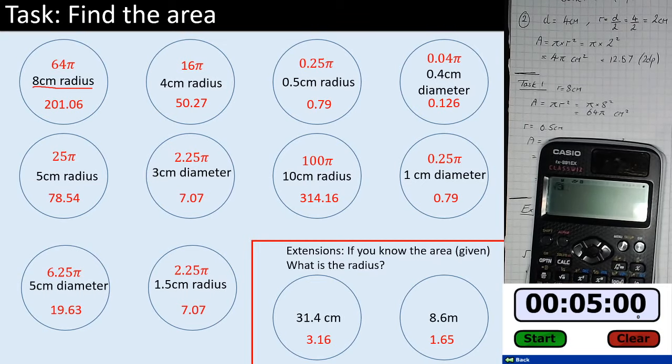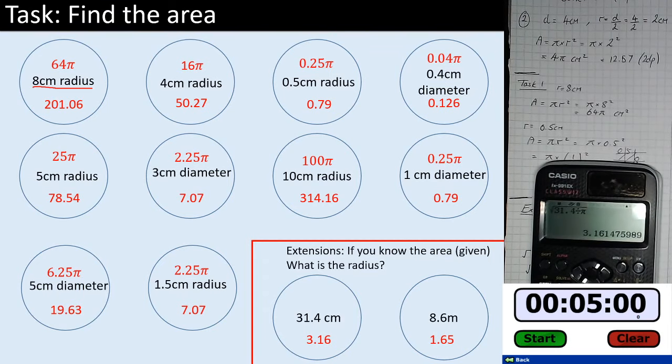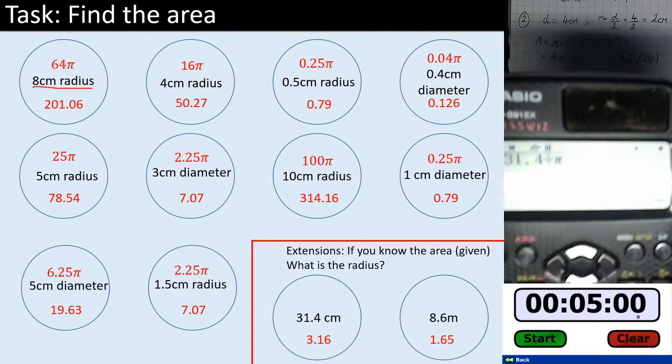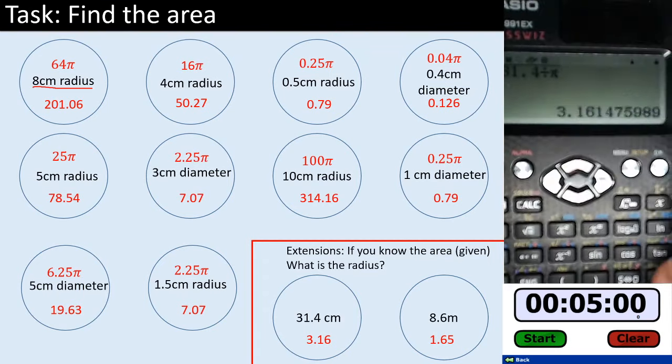Square root 31.4 divided by pi. Okay, you can just about see that there. It equals, what do I get? I get 3.161.